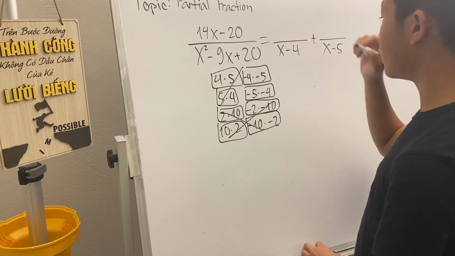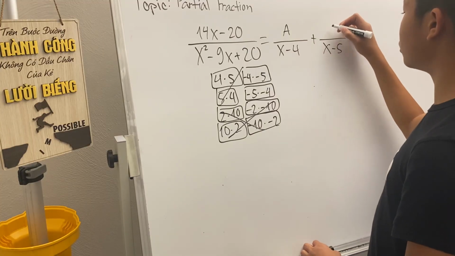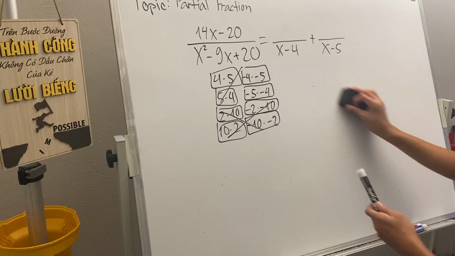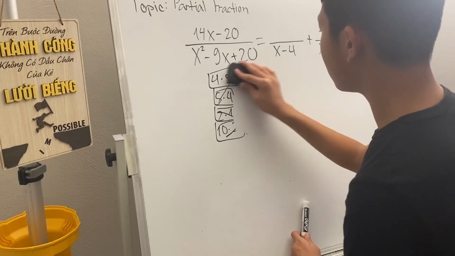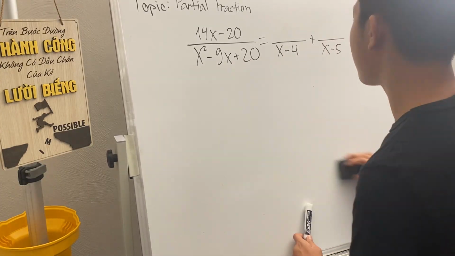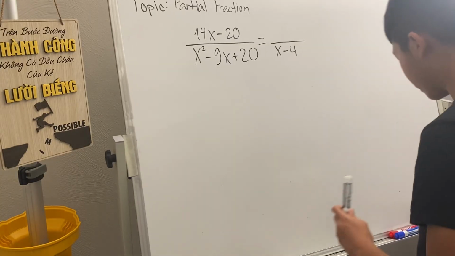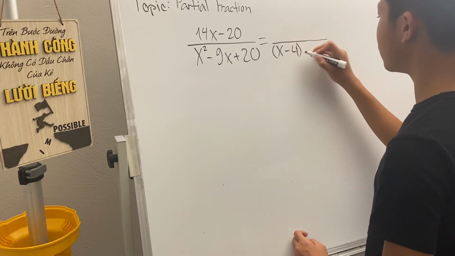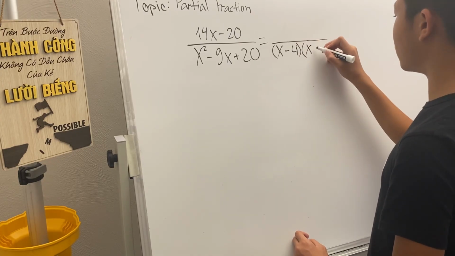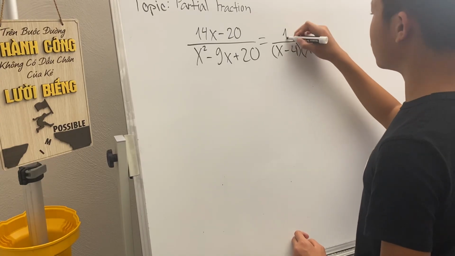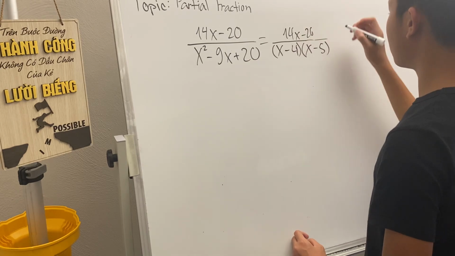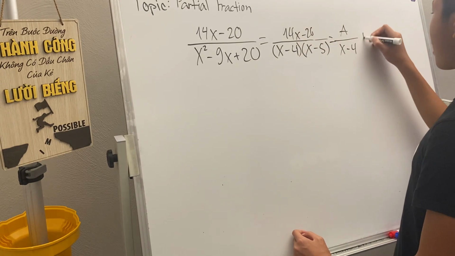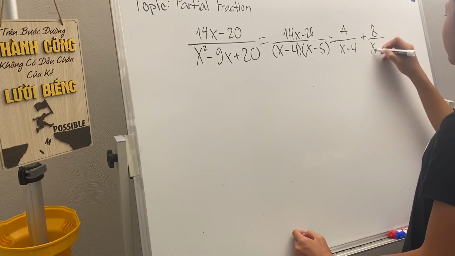At the top, let's do A, B, like so. Now we've got to do this first. So it's easier when we do it next time. Then this is equal to A over x - 4 plus B over x - 5.